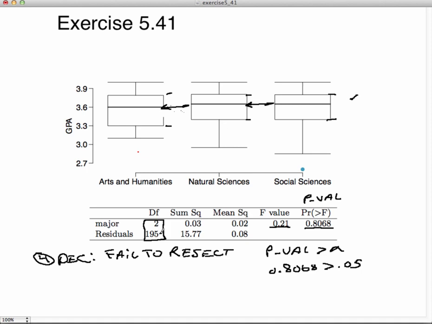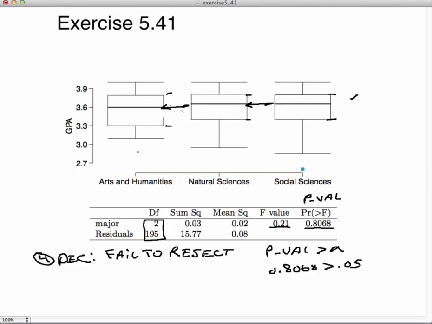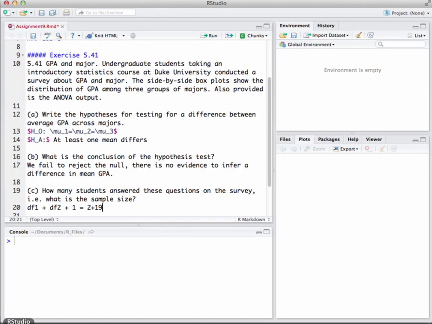If I take those 2 degrees of freedom, add them together, and add one more to it, the DF between, let's just call it DF1, plus DF2 plus 1, which in our case means it's going to be 2 plus 195 plus 1, which is equal to 198.